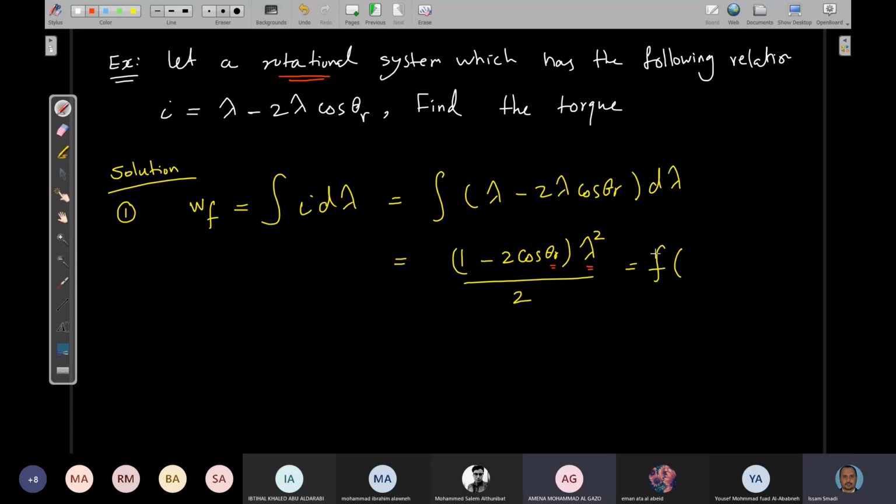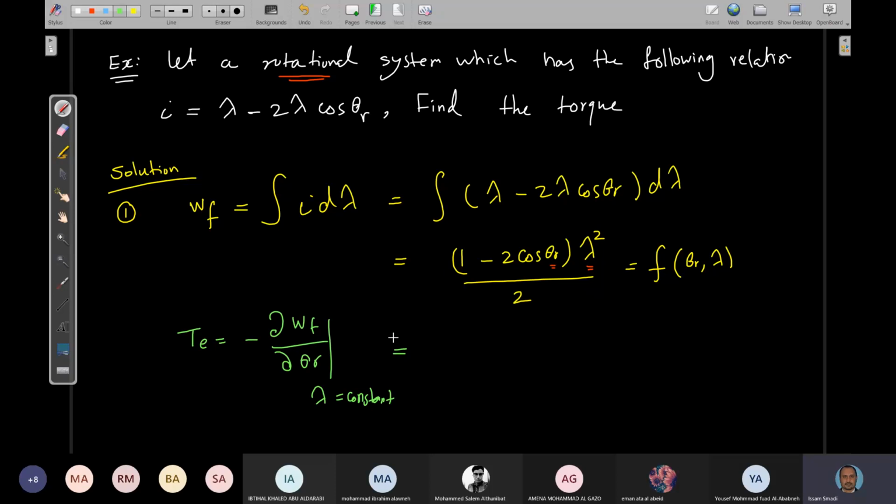Theta r and lambda. So can I use it directly to calculate the torque? Yes. The requirement is that the torque equals minus partial omega f by partial theta r when lambda is constant.